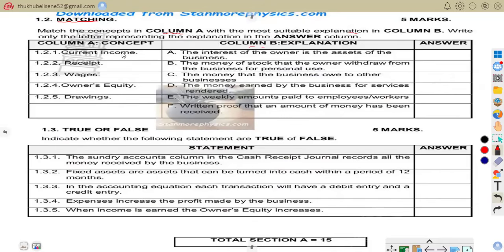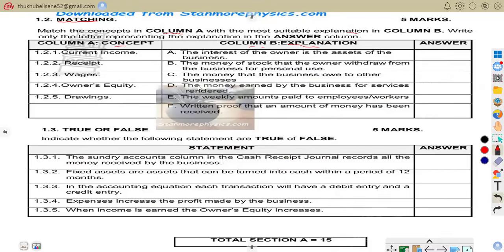So column A is concepts, but column B is explanations. So we are going to make sure that we match these explanations to these concepts.